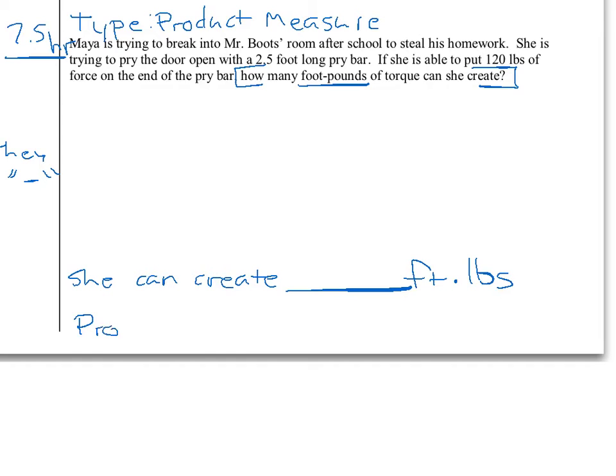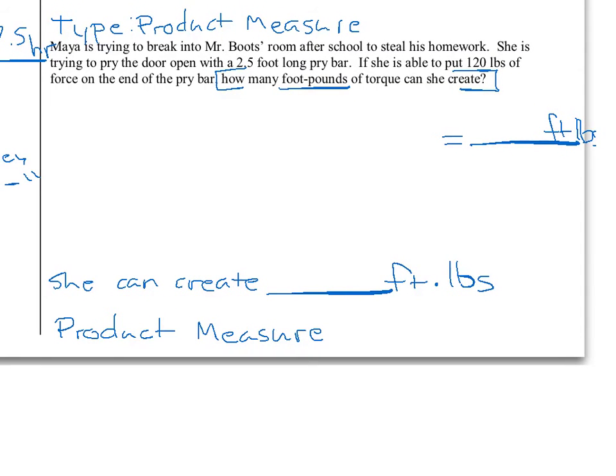So this is still going to be a product measure problem. However, in this particular problem, we're not being given a product measure. We're being asked to solve for a product measure. So this is a lot like solving for a unit rate, except it's with product measures. So we need both of our units on top together.